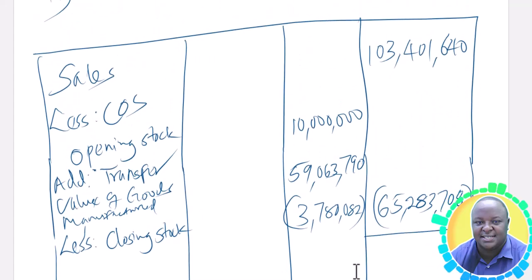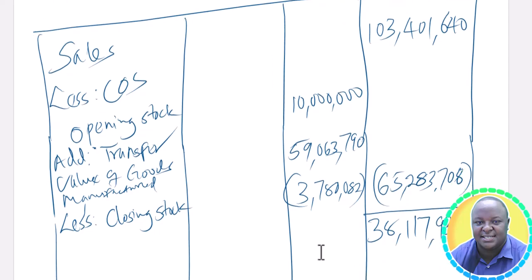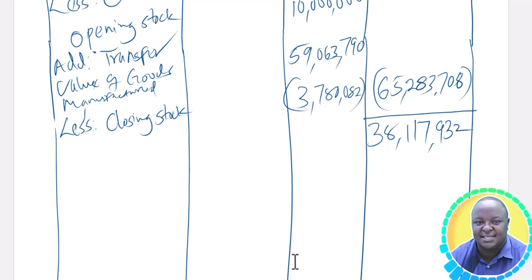So if we minus that, you're going to get 103,401,640 minus 65,283,708. You will get 38,117,932.